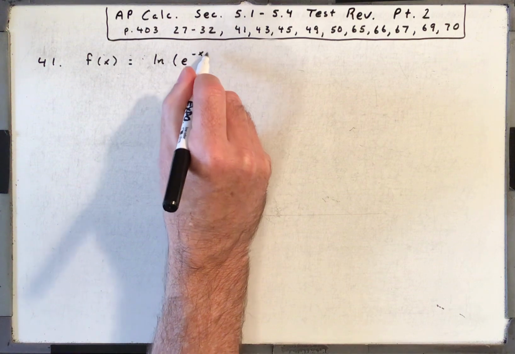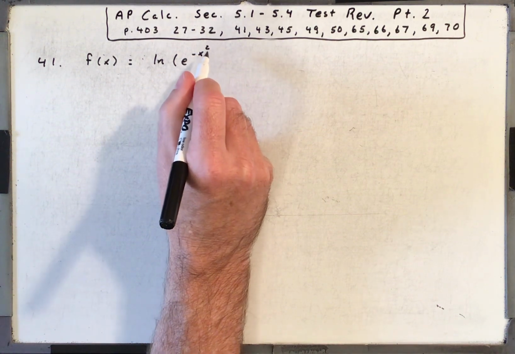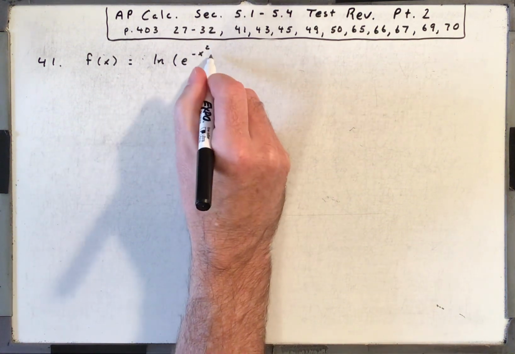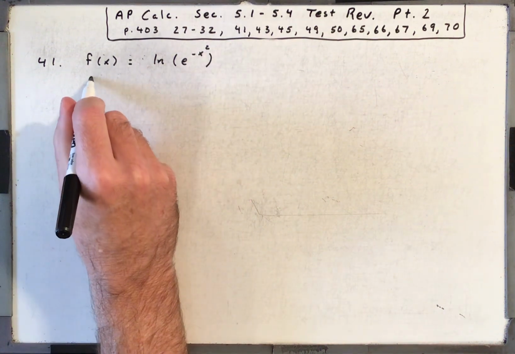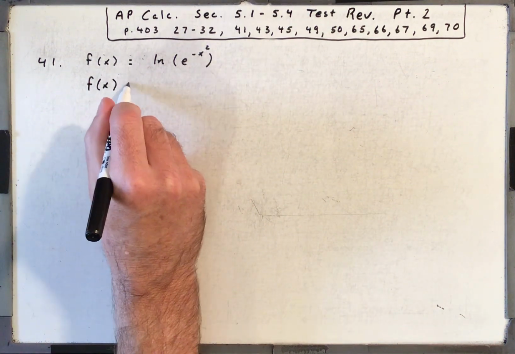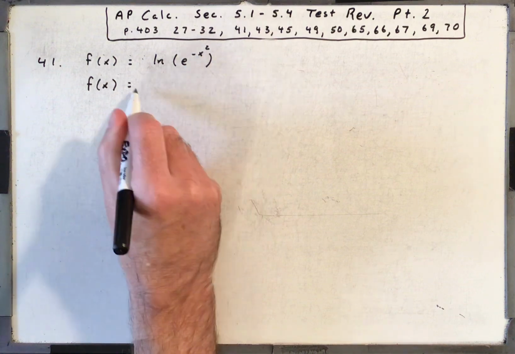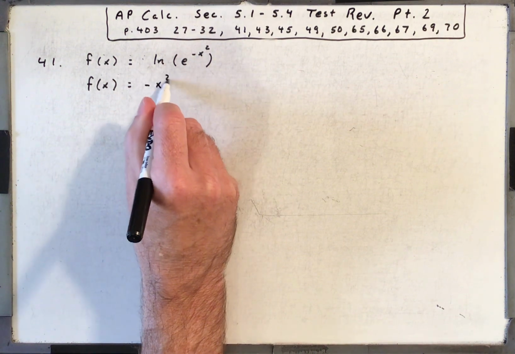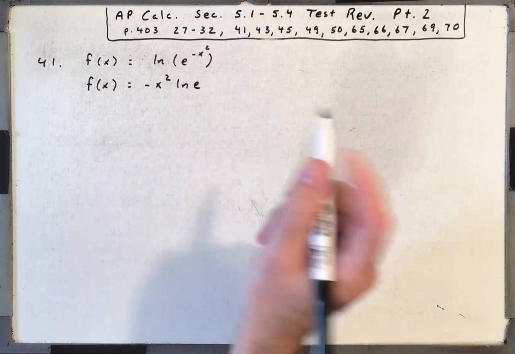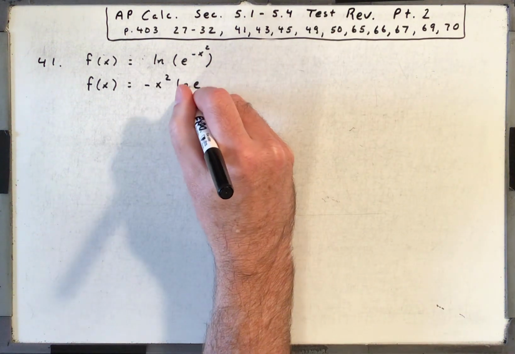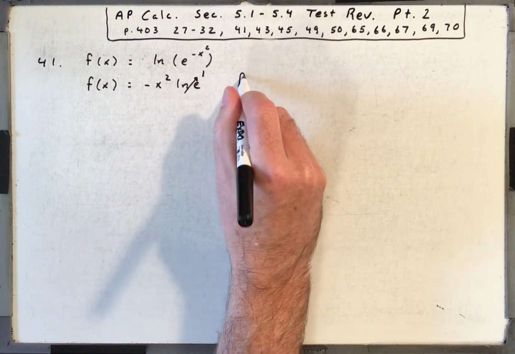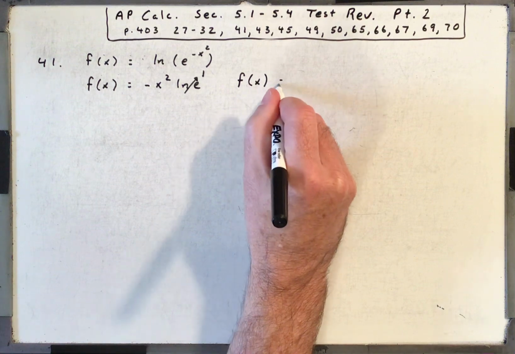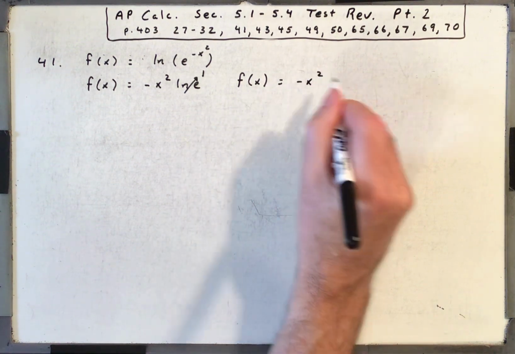Now, it is so much easier if we use the properties of logs to rewrite this. So f of x, we can bring that exponent out front, minus x squared times the natural log of e. What's the natural log of e? That's 1. So f of x is just equal to minus x squared.